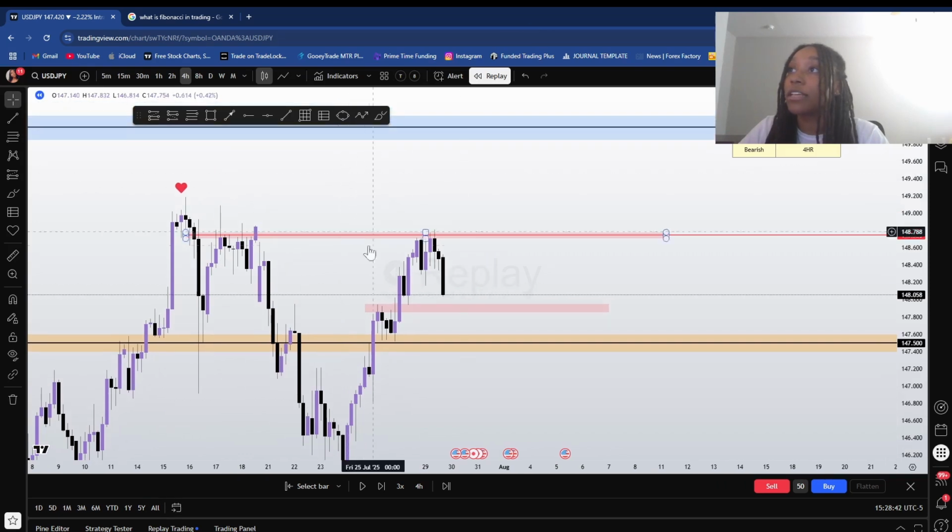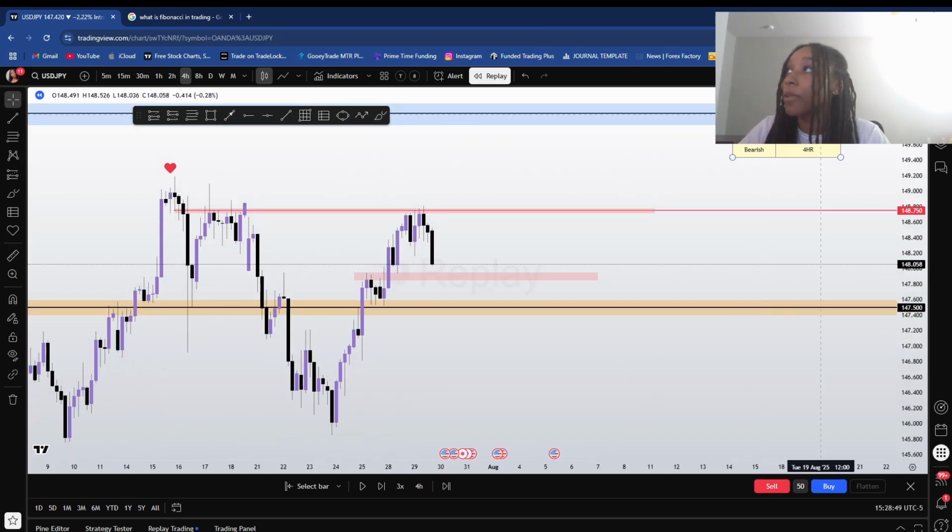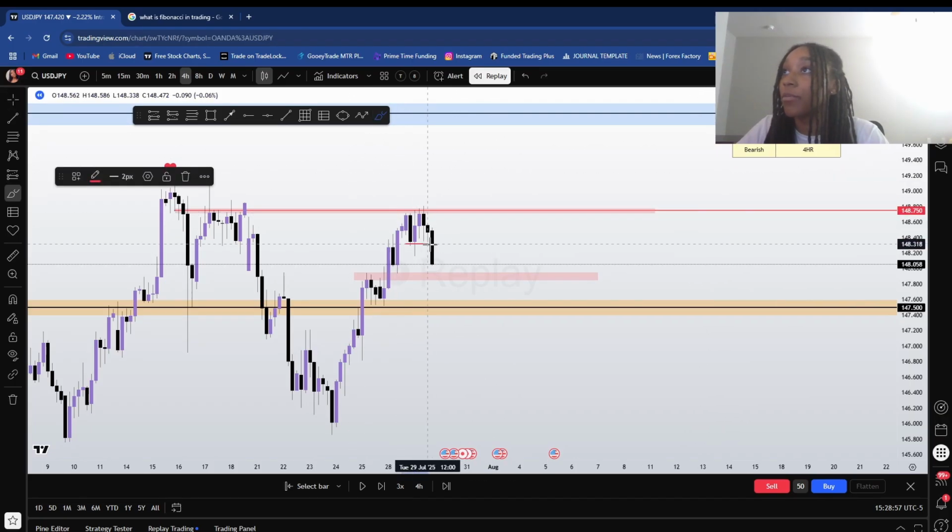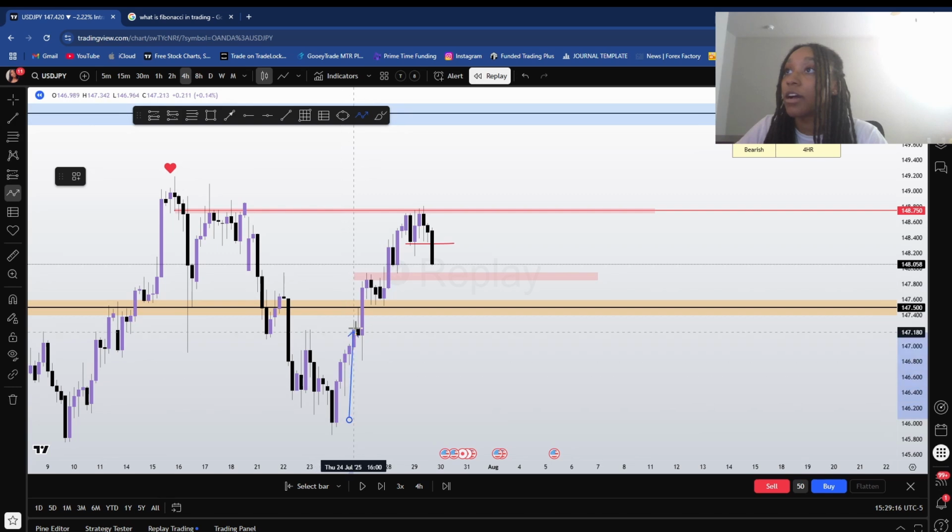As far as structure, we were bullish on the weekly, we were bullish on the daily. This 4 hour actually shifted bearish for a second. We broke the structure point right here, so it shifted bearish. However, our overall bias was bullish. Now what I saw personally was that price was making these higher highs.